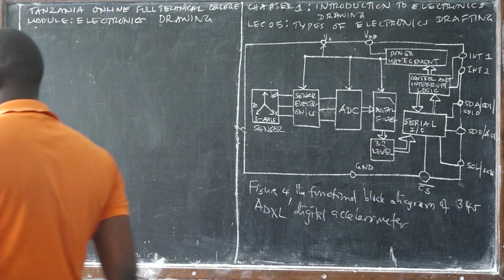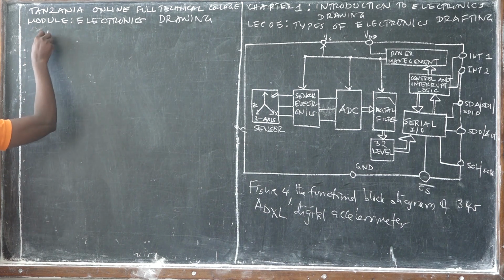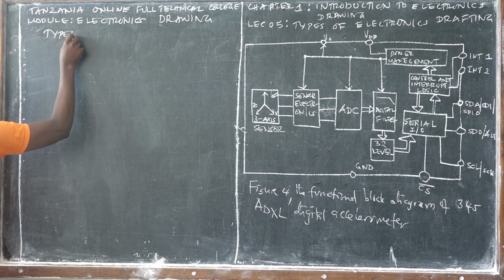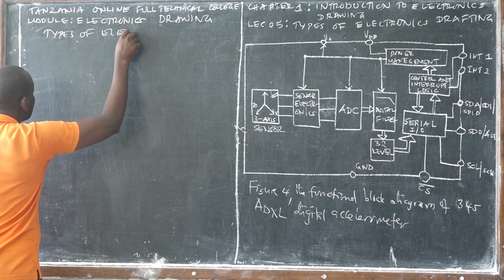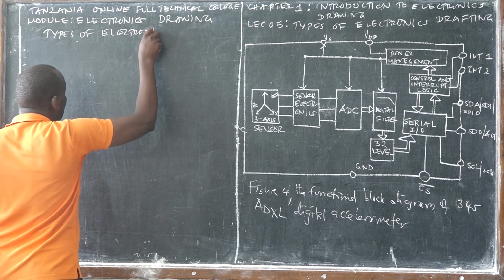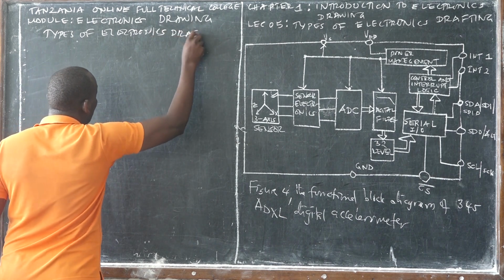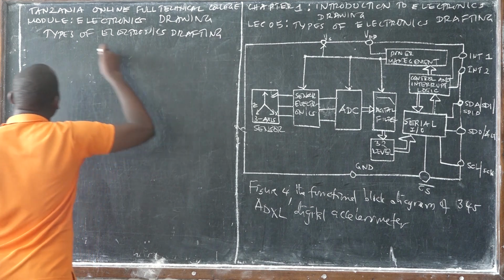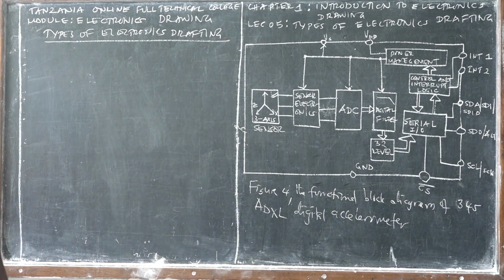Okay. So let us discuss some more types of electronics drafting. You may keep on studying what we've been discussing, but let us focus on this. Types of electronics drafting. Say types of electronics drafting.